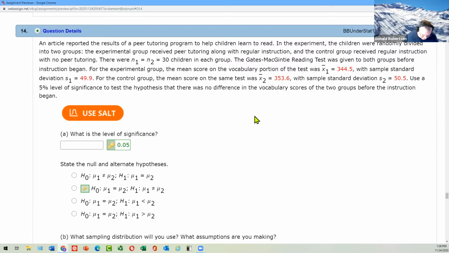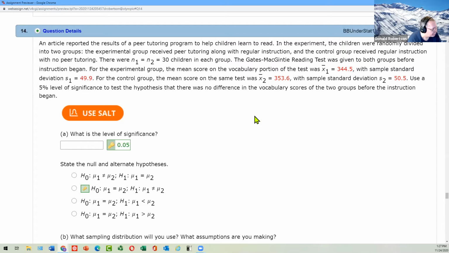So in this case, they are looking at a peer tutoring program to help children to read. In this case, there are two groups. In this experiment, they were divided into two. And the first group I'm going to call the experimental group.